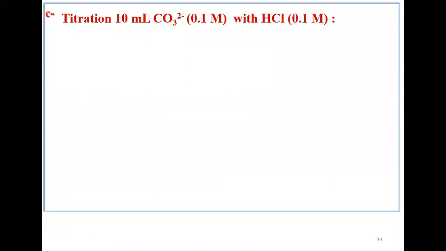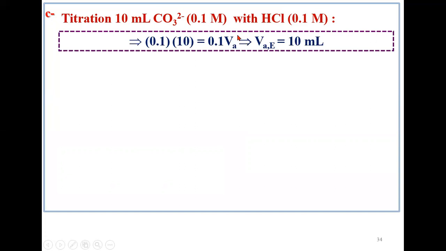Titration of 10 milliliters of the carbonate with HCl. So when they did this titration, we can find the volume at first equivalence. So concentration of the acid times volume of the acid equals concentration of the base times volume of the base, because the moles of acid equals moles of base only at equivalence points.